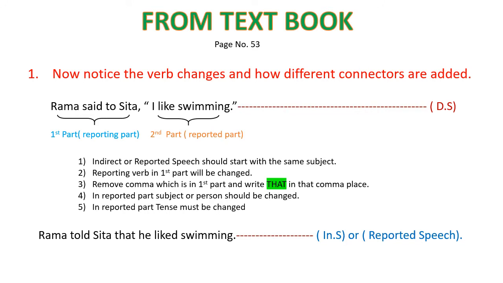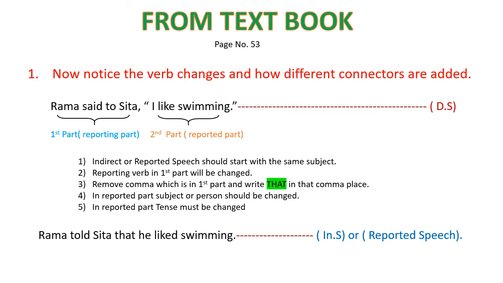See how the direct speech changed into indirect. Rama said changes to told. Sita remains the same. In the third rule, we remove the comma in the first part and replace it with "that."